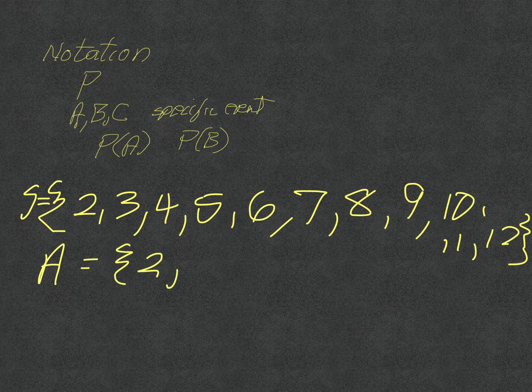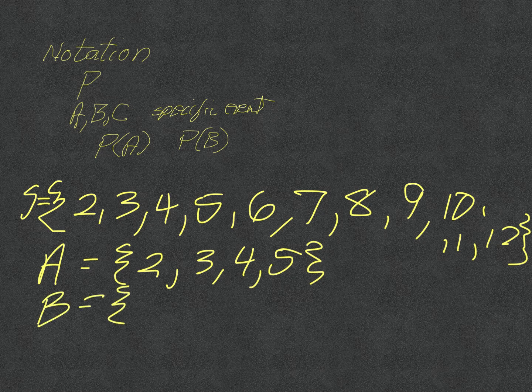So that would be 2, 3, 4, and 5. And we'll let B be the set of outcomes that are odd. So 3, 5, 7, 9, and 11. And we could make lots of events: the even numbers, the numbers greater than 6, the event of just 6, there are a lot of them.